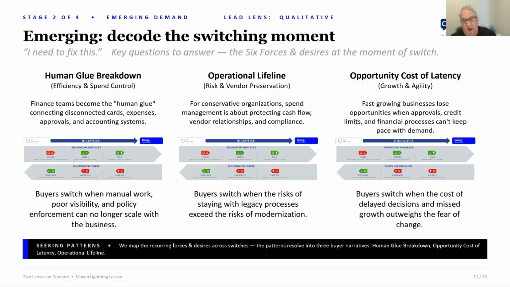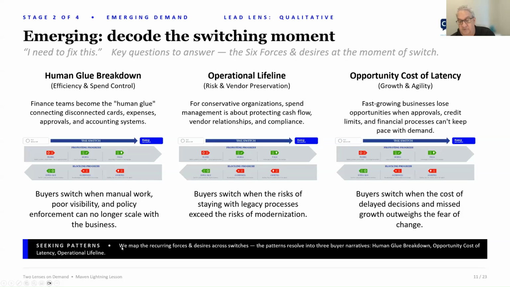And so in RAMP's context, we found 3 different themes around these. We found a theme around efficiency and spend control, risk and vendor, and growth and agility. And so in essence, 3 different switching moments. In one context, buyers switched when the manual work, the poor visibility, the policy enforcement could no longer scale with the business.